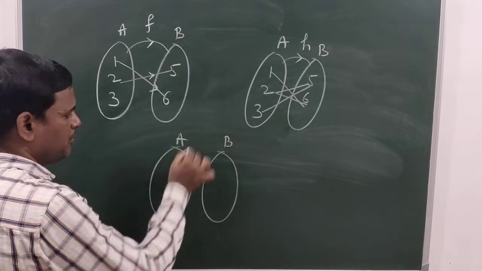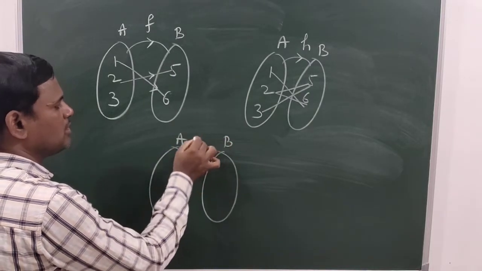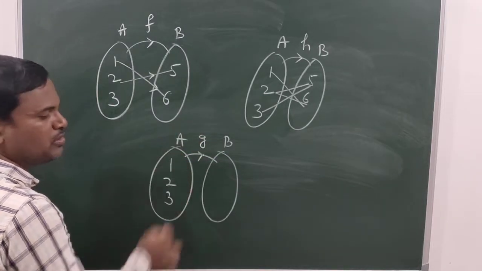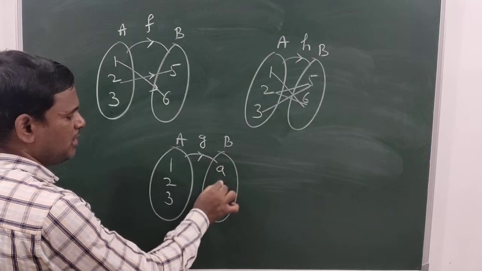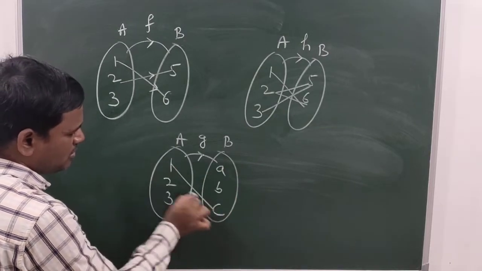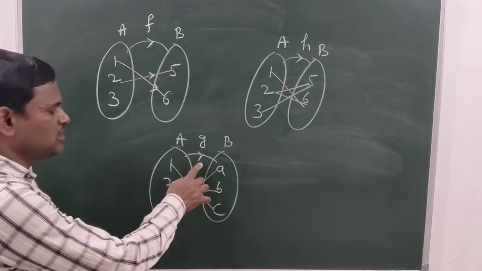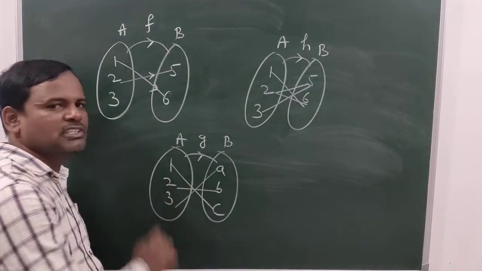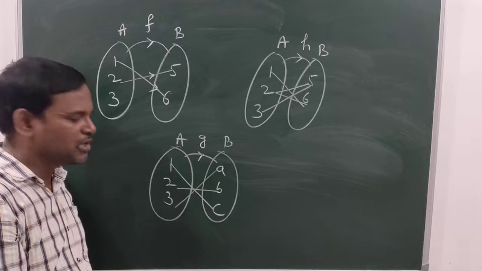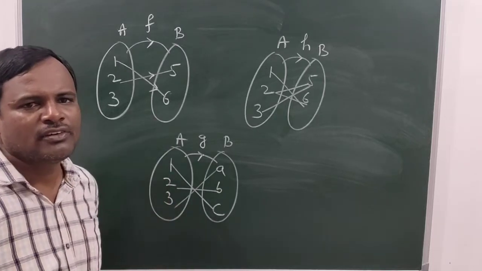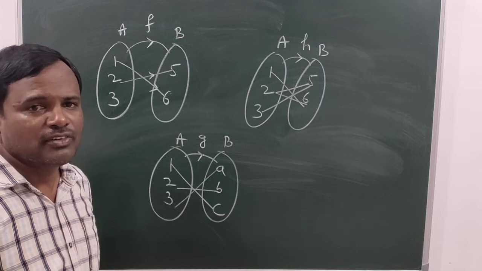Right. Now observe this: A, B. Let us name this function g. You can take here 1, 2, 3, 4, and here a, b, c. Does this represent a function? See, this is one relation. Yes, it is a function, because this relation satisfies all the conditions of the definition of a function.